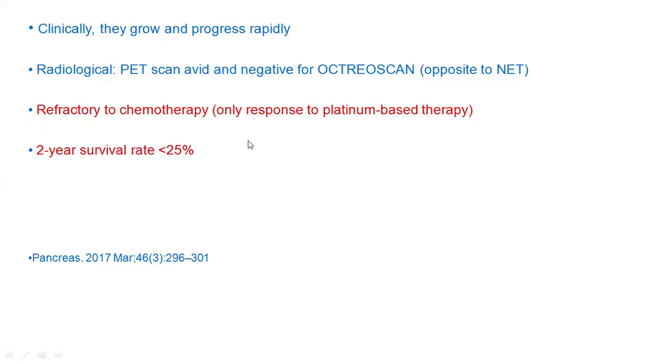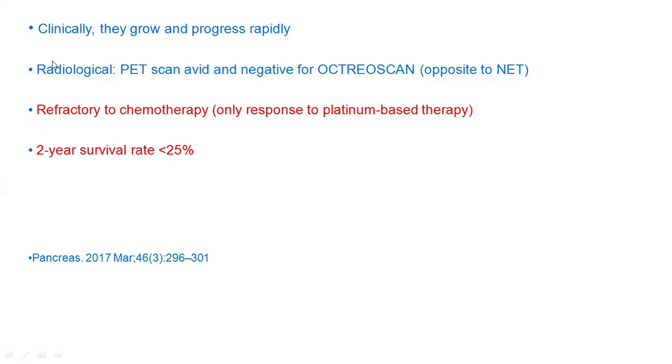Clinically, it is important to remember that neuroendocrine carcinomas grow rapidly and quickly. Radiology plays an important role here and can help us differentiate between these two, because neuroendocrine carcinomas are always high grade.